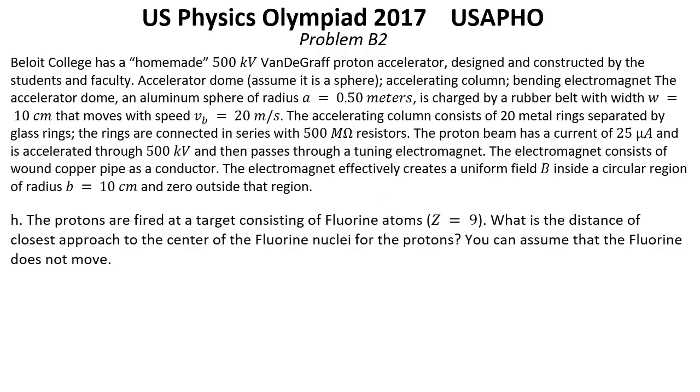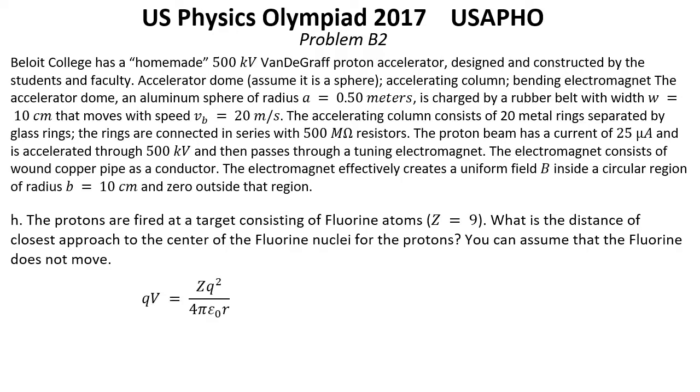Question H. The protons are fired at a target consisting of fluorine atoms, Z equal to 9. What is the distance of closest approach to the center of the fluorine nucleus for the protons? You can assume that the fluorine does not move. Solution.